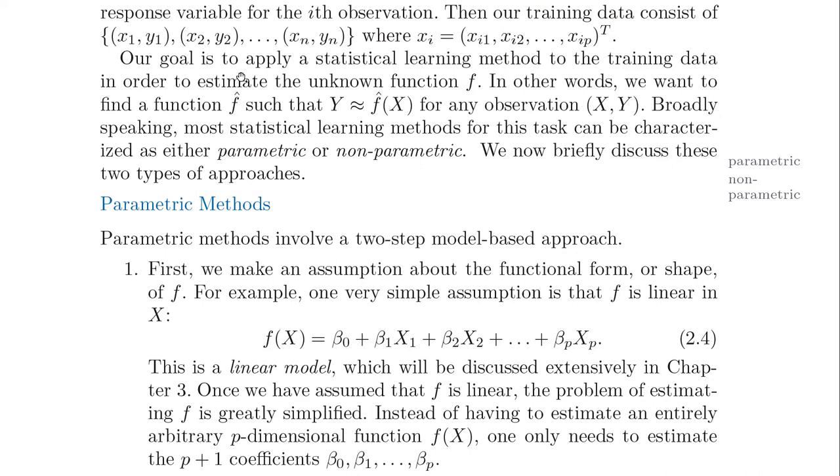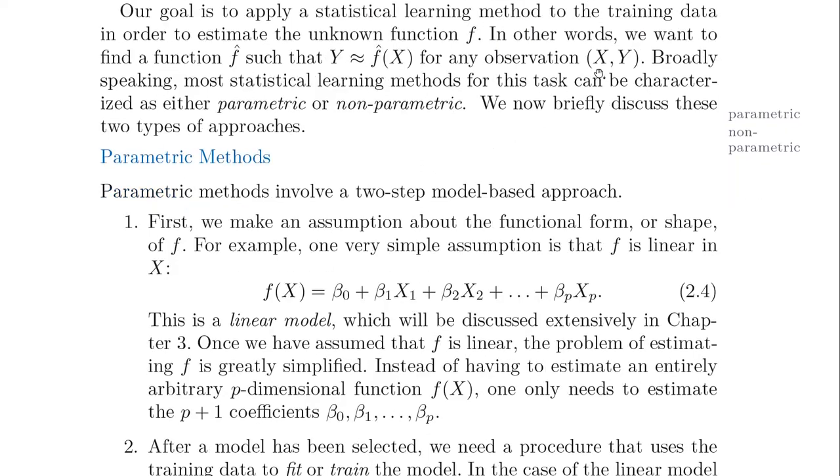Our goal is to apply a statistical learning method to the training data in order to estimate the unknown function f. In other words, we want to find the function f hat such that y is roughly f hat of x for any observation (x, y).